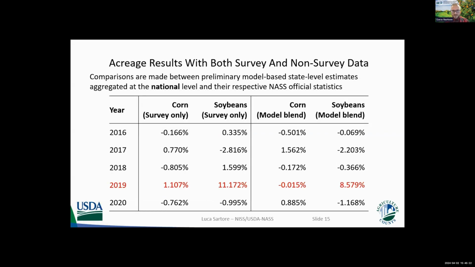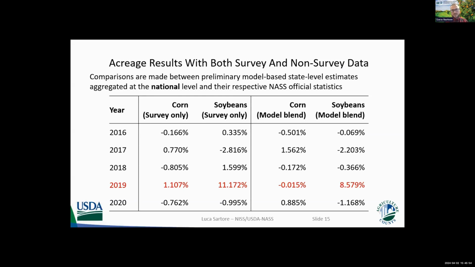Then the other aspect that we considered was how we blend this information from the crop predictions, the imputed values, and the survey data that we have for national estimates. As I said in this slide, there are estimates produced through a model at the state level, but we have better models at the state level that we used.